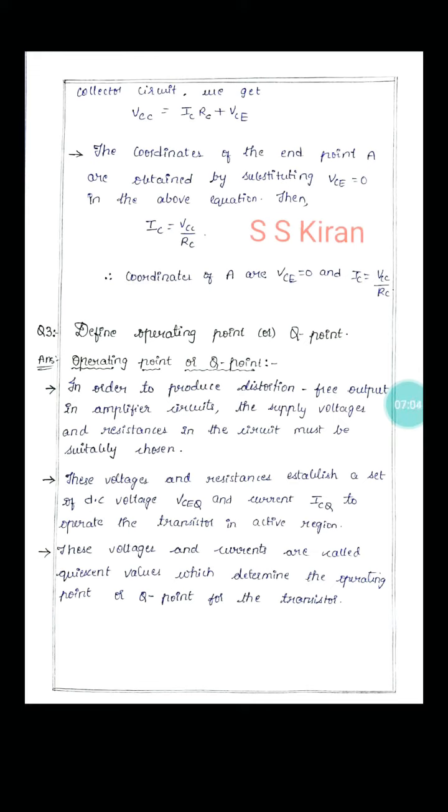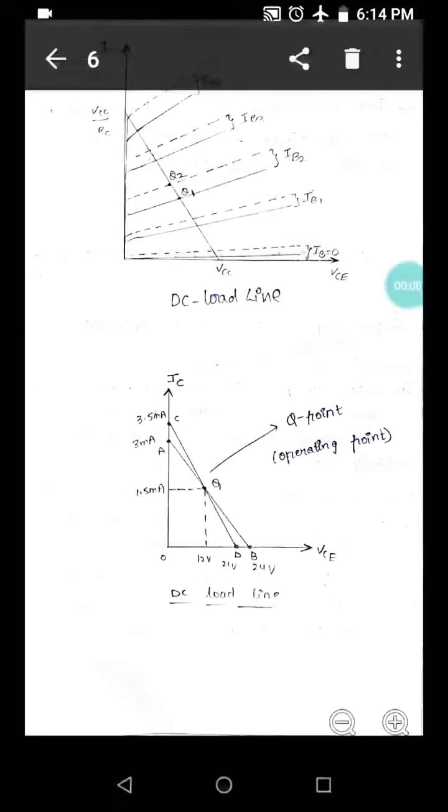These voltages and currents are called quiescent points. Already we know VCEQ is the quiescent value of voltage, and ICQ is the quiescent value of current. Okay, determine the operating point or Q point for the transistor. We will see a diagram also, then we can understand.